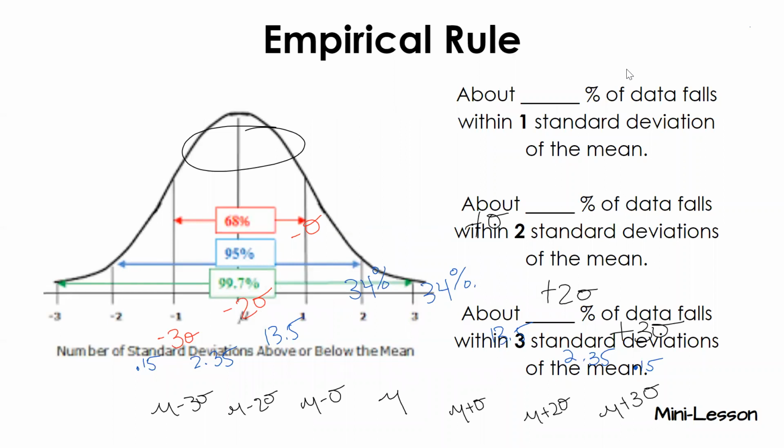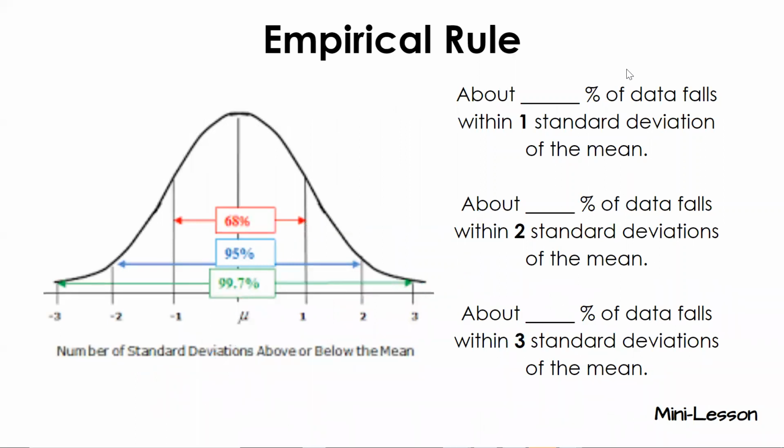All right. So there is something called the empirical rule. All this is saying is the percentages, how much data is covered in that. So the numbers that I need you to memorize with this is about 68% of the data falls within one standard deviation. About 95% is going to fall within 2 standard deviations.